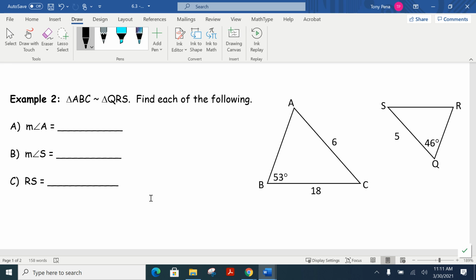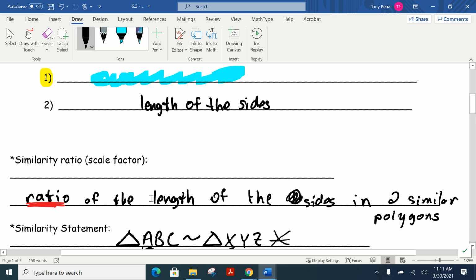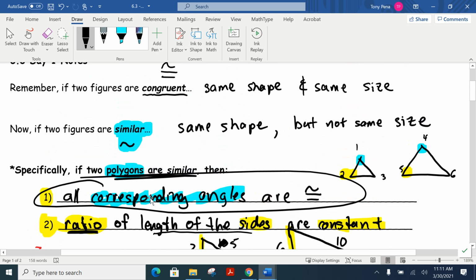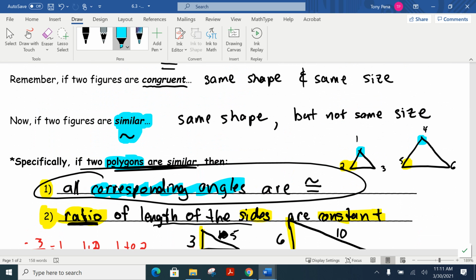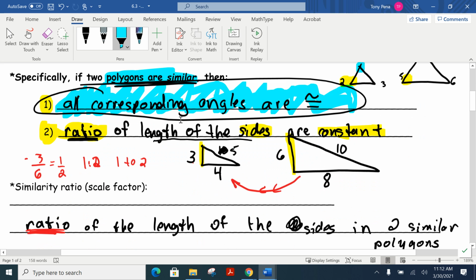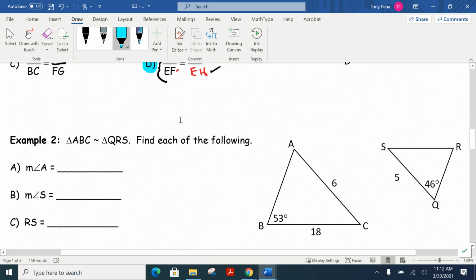All right, our angles. The reason the angles should hopefully be nice is we've dealt with this idea a few times now. It goes back up to here, what I have circled. If we have similar polygons, all the corresponding angles are congruent. So if we understand that all corresponding angles in similar polygons are congruent, that's how we want to handle those first two angles.